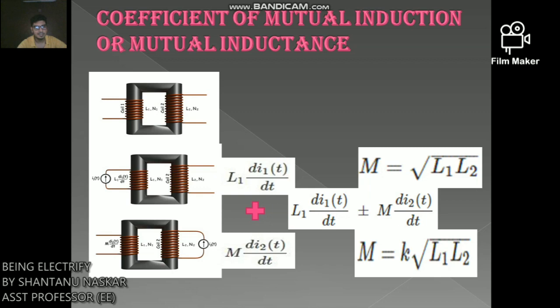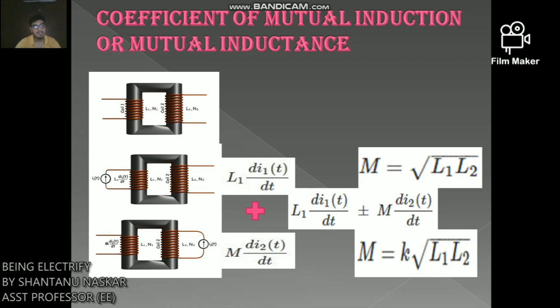Now, without disturbing the source at coil 2, we connect a time varying current source across the coil 1. In that situation, there will be a self-induced EMF across the coil 1 due to its own current and also mutually induced EMF across the coil 1 due to the current in coil 2.